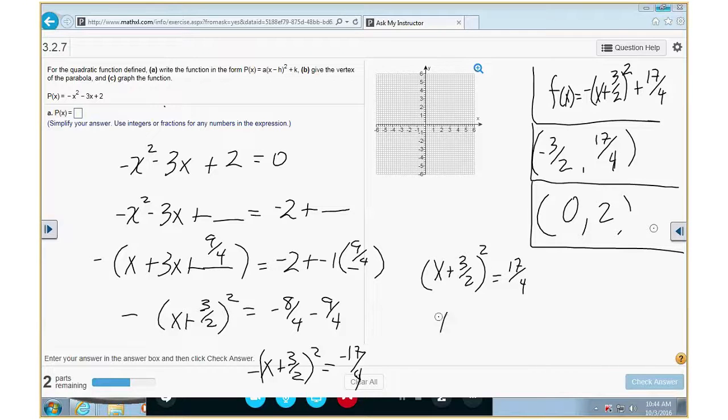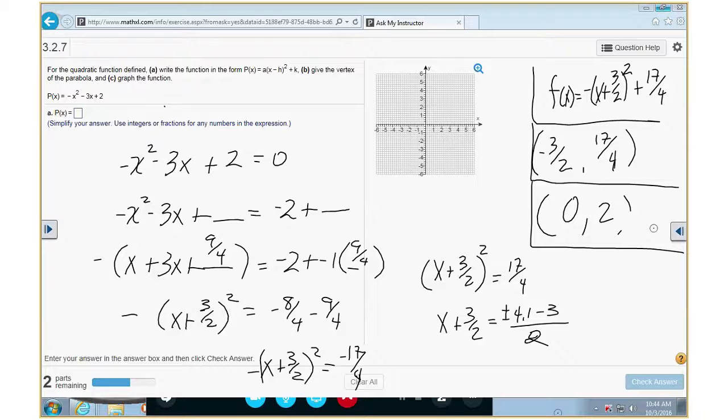Now this is some hard math here. Do you think y'all can handle this? The square root of 17 is maybe 4.1. Positive or negative 4.1, since the square root of 16 is 4. I think y'all can handle that. Over 4 over 2. And what's 4.1 minus 3? 1.1.